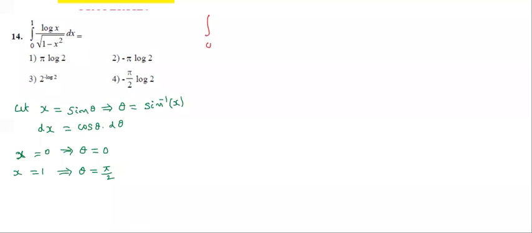Integration 0 to pi by 2 of log sine theta divided by the denominator. See that, under root 1 minus sine squared theta, that is cos theta, or not, into dx means cos theta d theta.